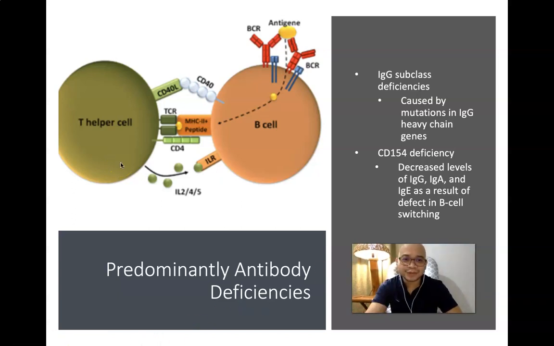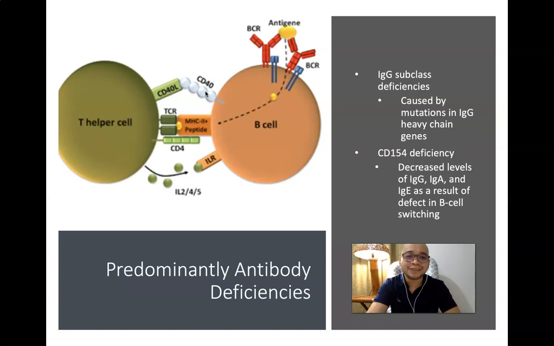As you can see here in the illustration, CD154 is also known as the CD40 ligand because it binds with the receptor site for CD40. The one that binds with CD40 is the CD154.